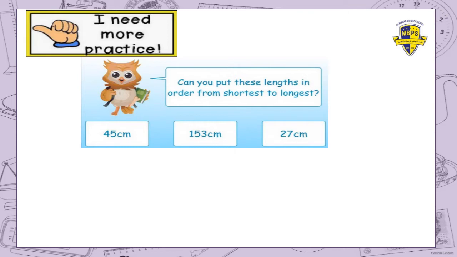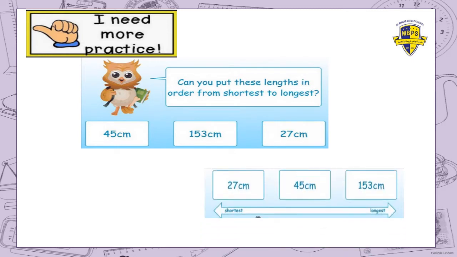So what do you think? Which one is the shortest one? Which number is the smallest? 45, 153 or 27? Excellent, 27. Then 45 and the longest one 153. So when all the units are the same, don't do anything, just order the numbers.